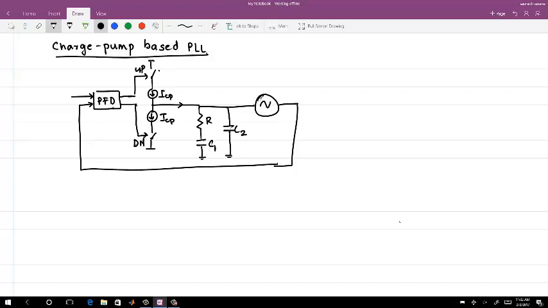The output of the PFD is phase error, which is measured by the PFD. And this part is the charge pump. This one is the loop filter.